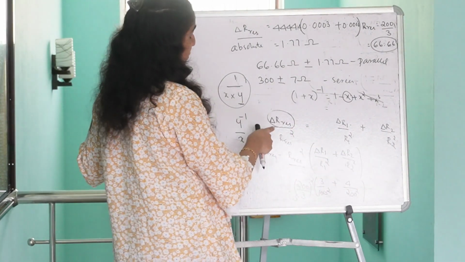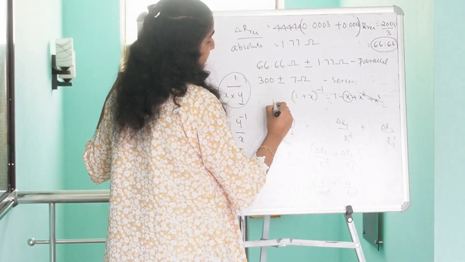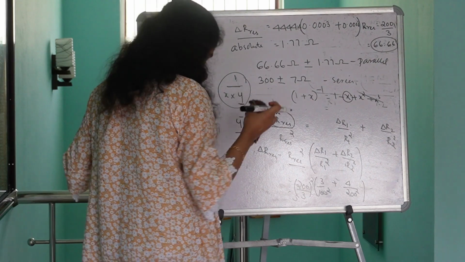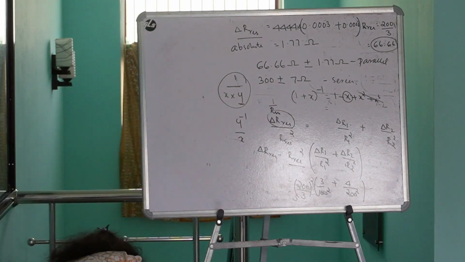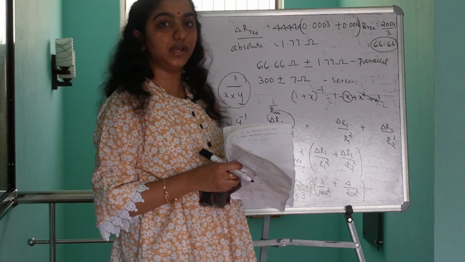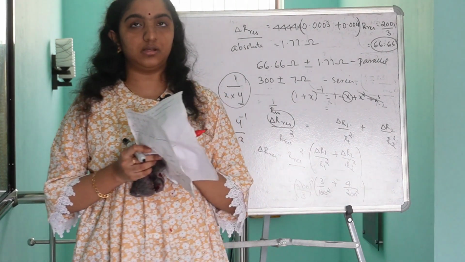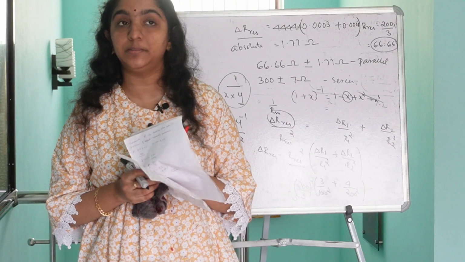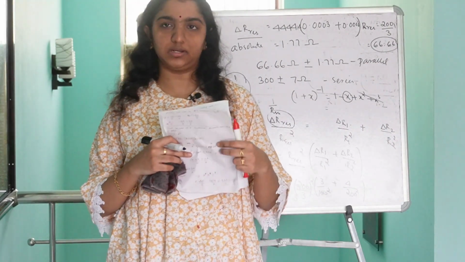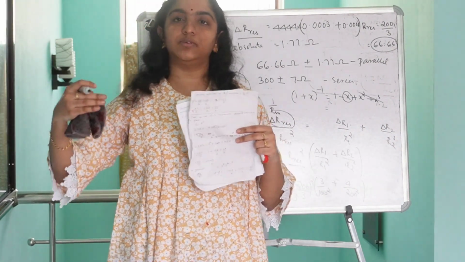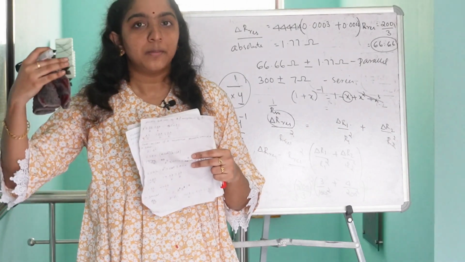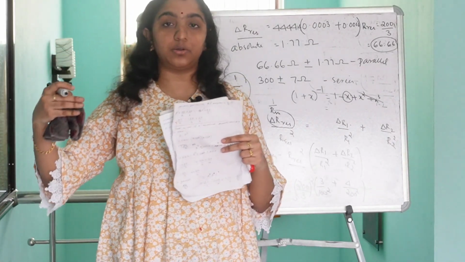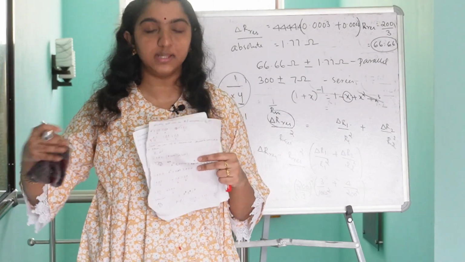So I got the equation something like this: 1 by R resultant plus or minus del R resultant divided by R resultant square is equal to 1 by R1 plus 1 by R2 plus or minus del R1 divided by R1 square plus or minus del R2 divided by R2 square.